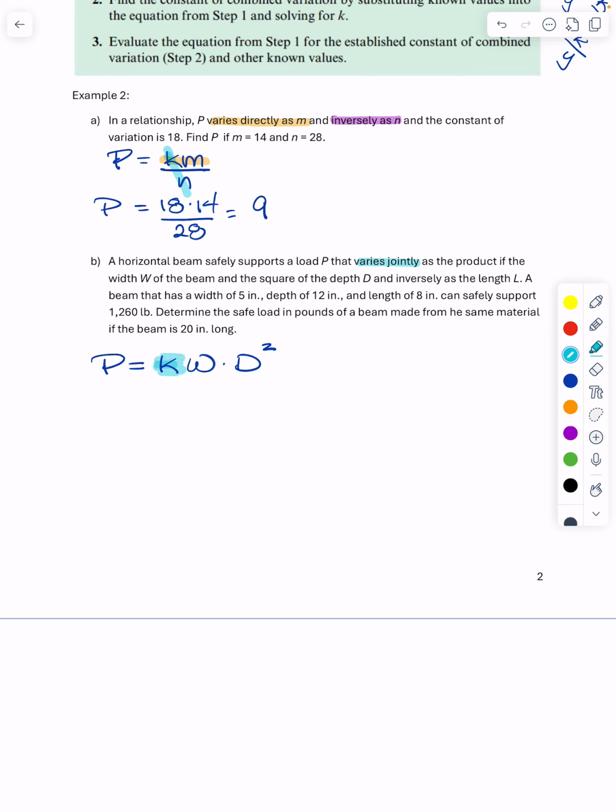I'm multiplying. I got the width, and I've got the square of the depth. Inversely as the length L. So the first piece is just to get this set up correctly.